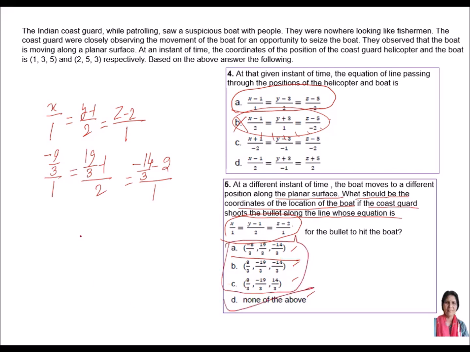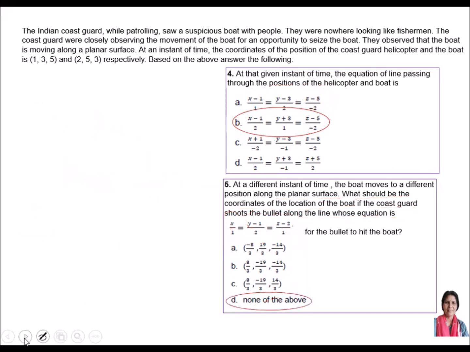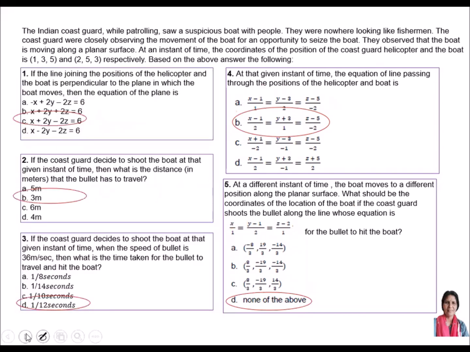Only D is correct because none of the above is satisfying the options. That means we are putting the points, this x, y, z, in place of the x, y, z in the line to see whether all the three are equal to each other or not. So this is the final answer. Of course, B is not the answer. Again, I repeat, this is the answer.